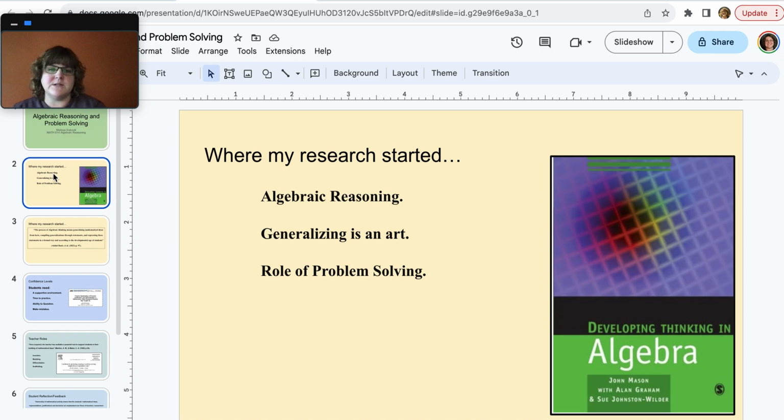This really stuck with me because I feel that certain students have really good problem solving skills and have really good ideas of how to work with numbers, and they see the patterns. They're able to generalize a lot quicker. And then I see students who have a very hard time because they don't have this basic foundation of understanding of numbers.